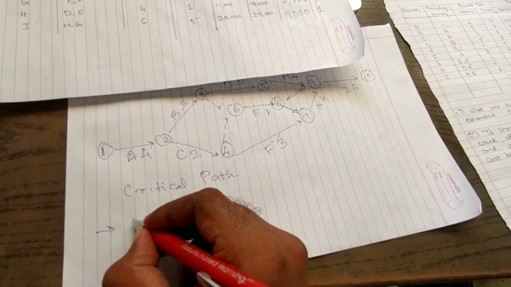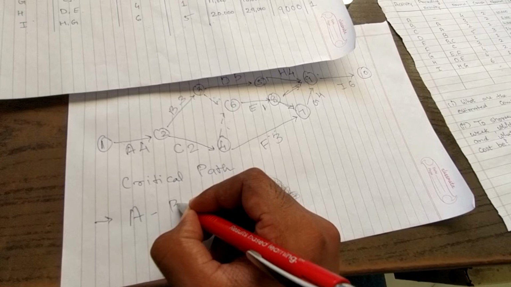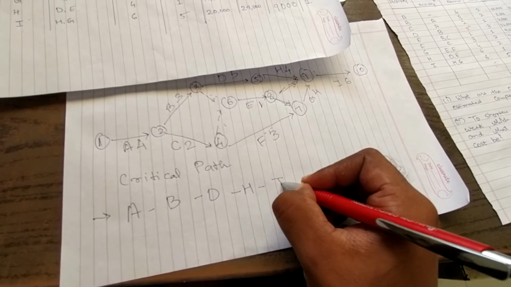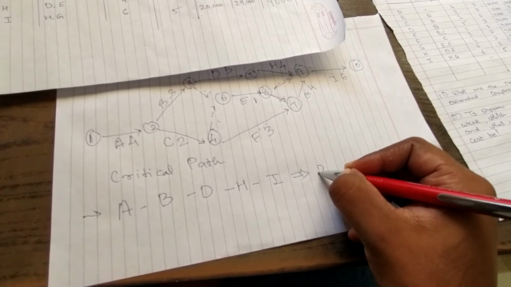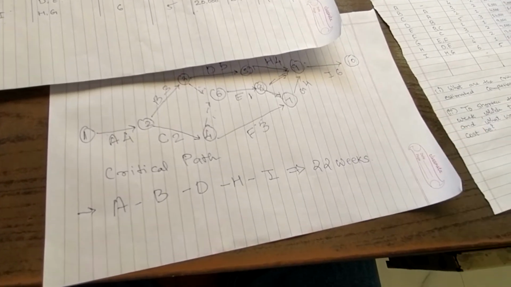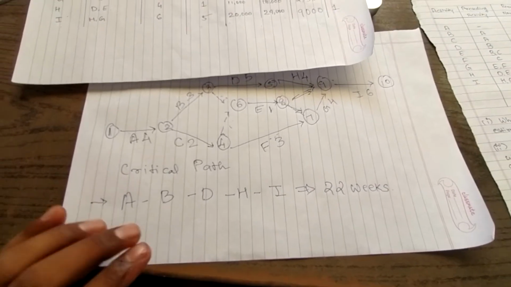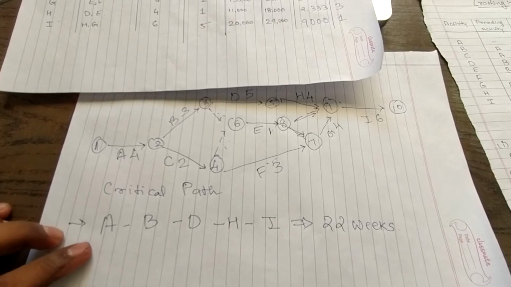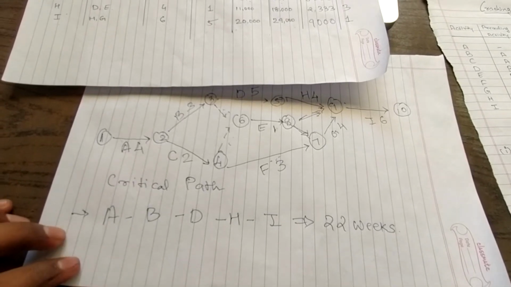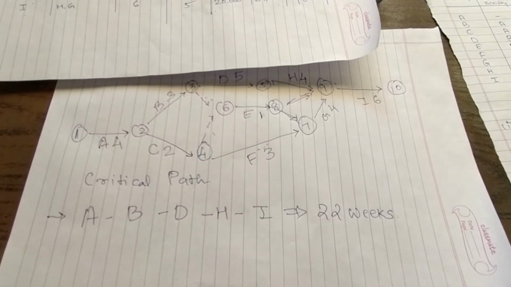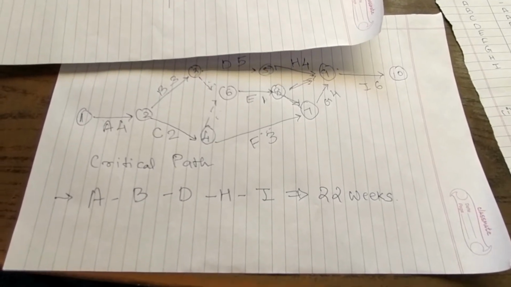The critical path is A, B, D, H, I, and the time it takes is 22 weeks. You have to calculate the number of paths, and then the critical path, that path which takes maximum time. You guys are aware how to calculate, so that is the reason why I am not calculating it here.